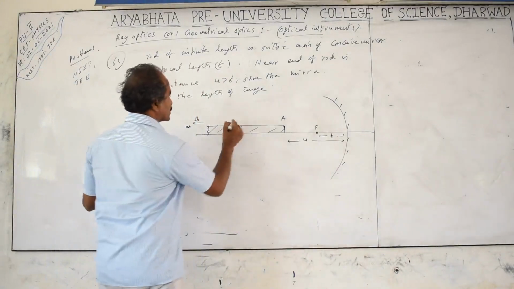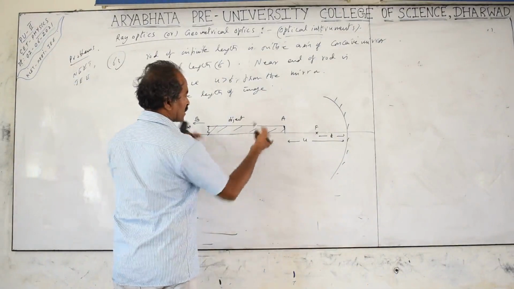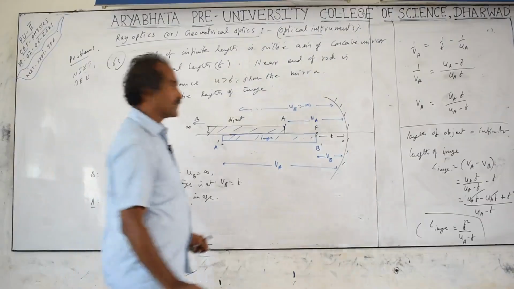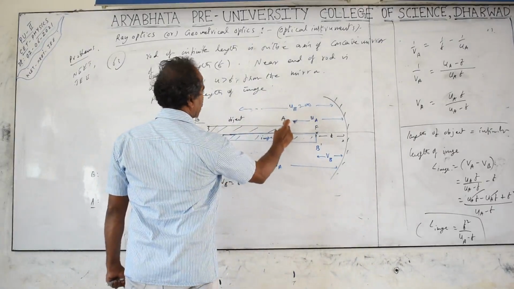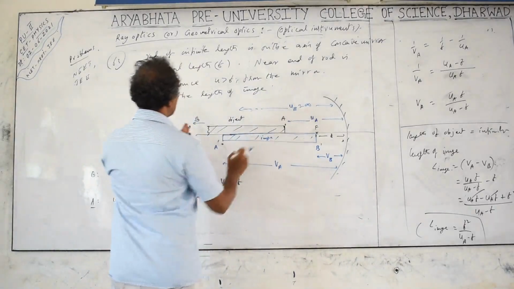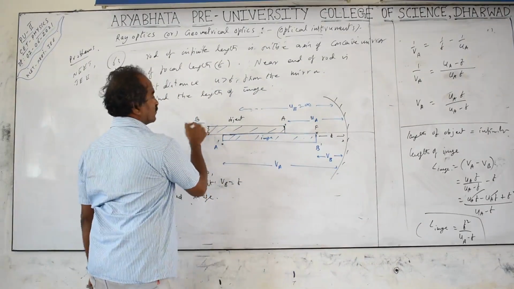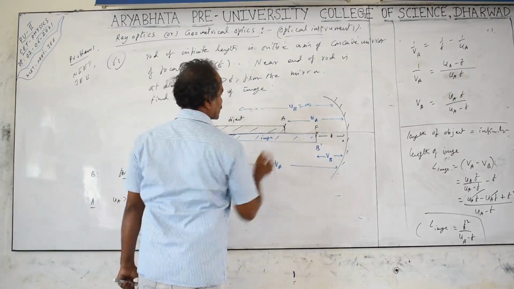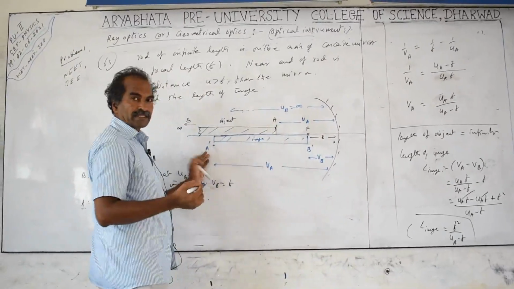This is the object rod, and image will be below this. The end point which is at infinity forms the image at focus, and the near point A forms the image at a finite distance.